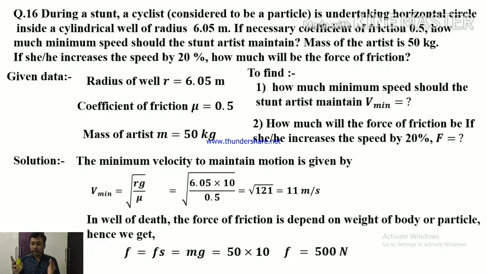So if that stuntman increases its speed, the force of friction is not affected because the force of friction is independent. Means though the speed is increased by 20%, that force of friction is unaffected.